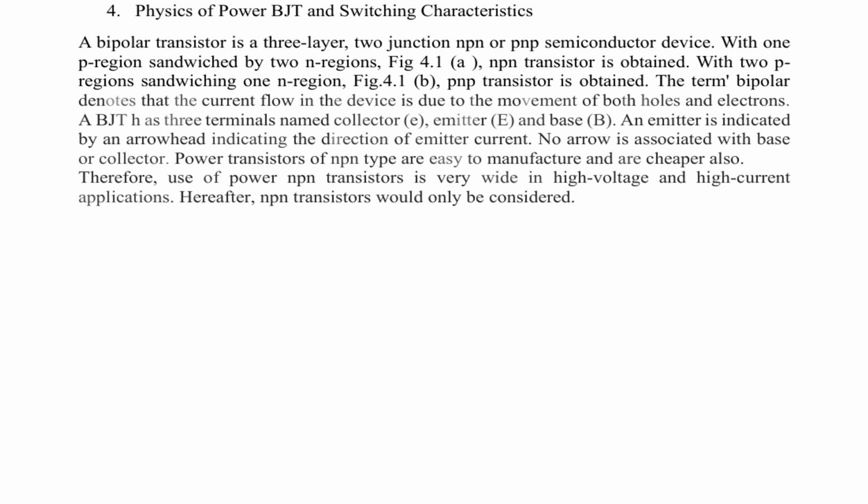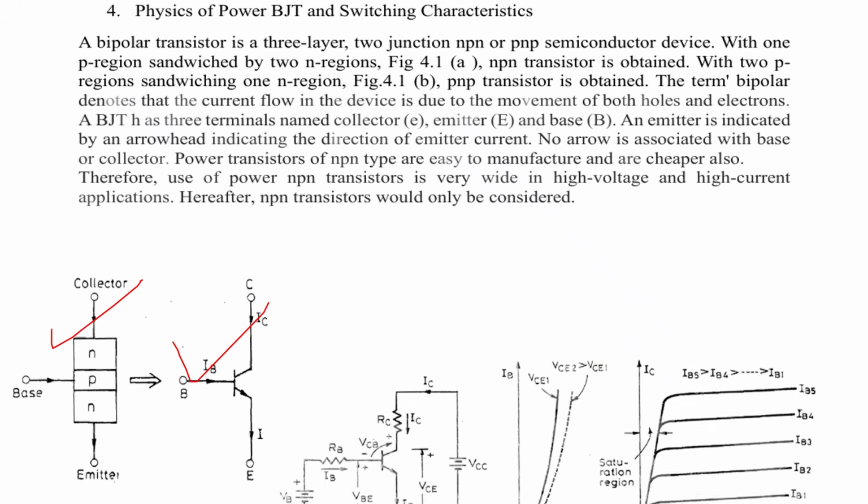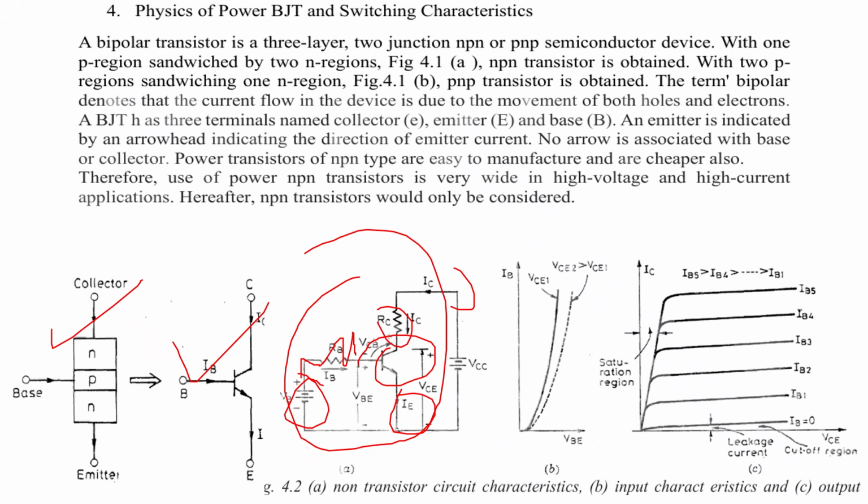Now we are going to look into the physics of the switching characteristic. This is an NPN transistor, the representation is here, and this is the fixed bias condition. Here you can see VBB, then RC, and then IE. You give the input at the base terminal, and here we collect the output, right?